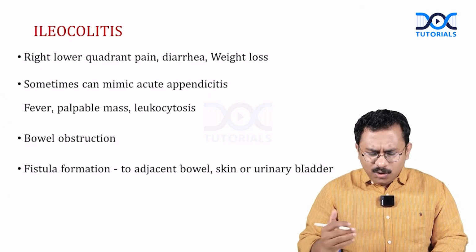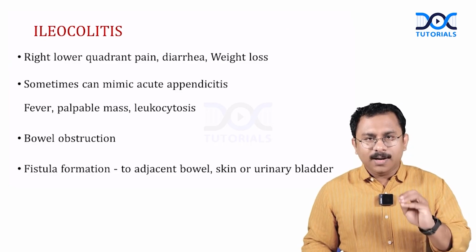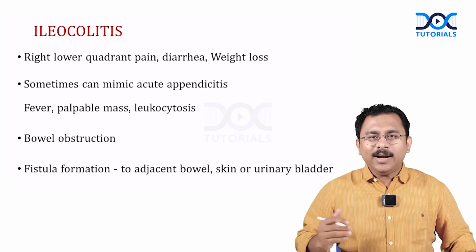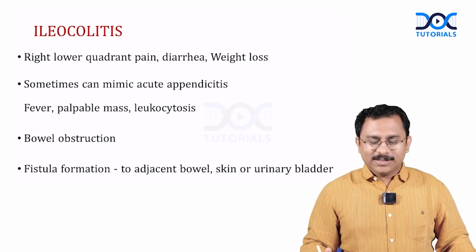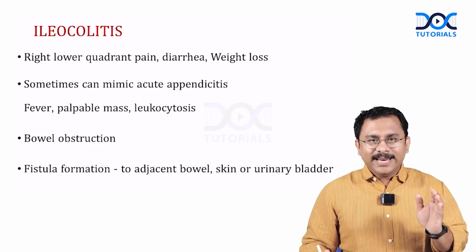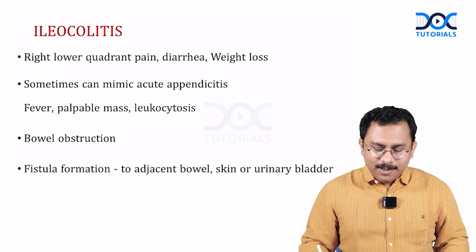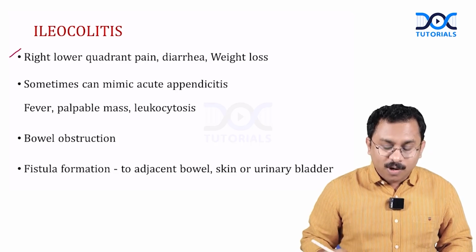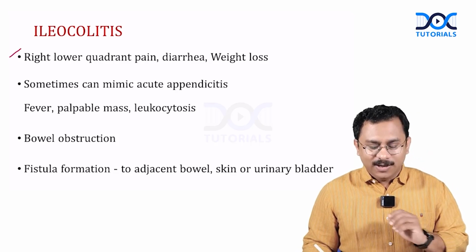Now moving on to the clinical features based on the region of the bowel that is involved. We'll first see what happens in the case of ileocolitis in Crohn's disease. When there is inflammation involving the ileum and colon, the patient commonly presents with right lower quadrant pain, diarrhea, and also weight loss.